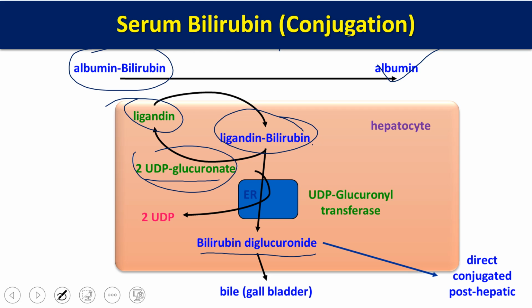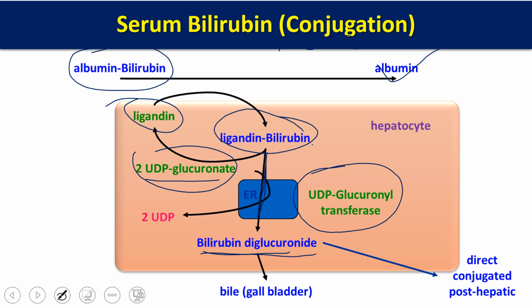Both additions of glucuronate are catalyzed by a specific enzyme called UDP glucuronyl transferase. So now bilirubin is converted into bilirubin diglucuronide. Now this is water soluble. This reaction is called conjugation reaction.